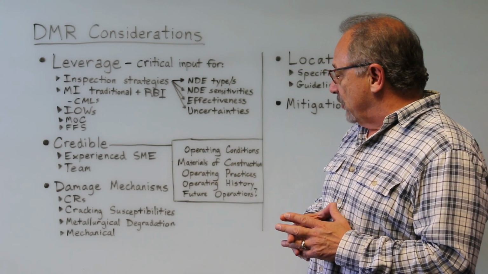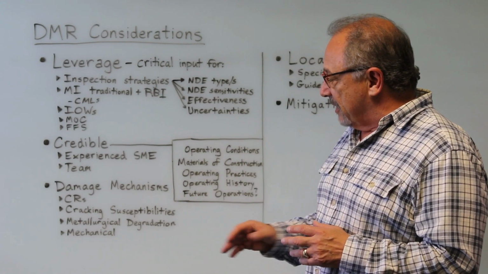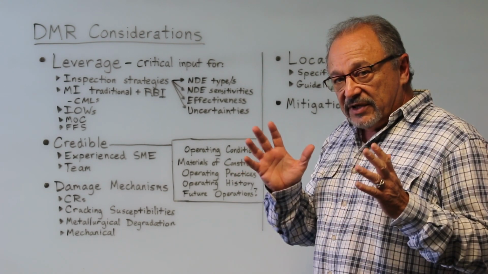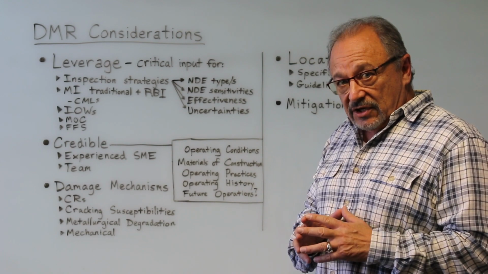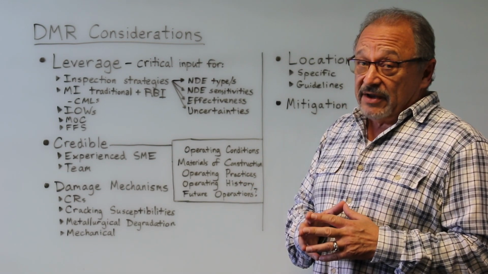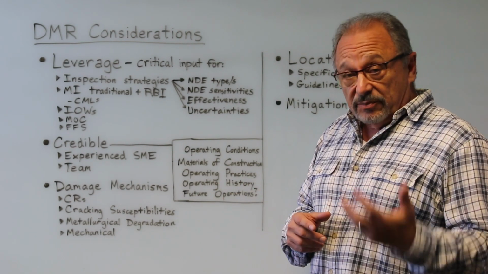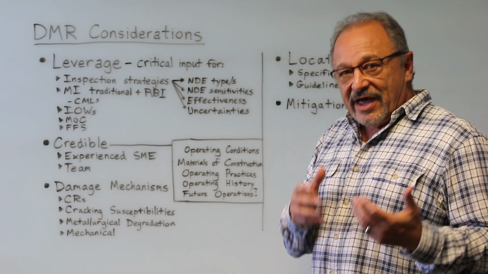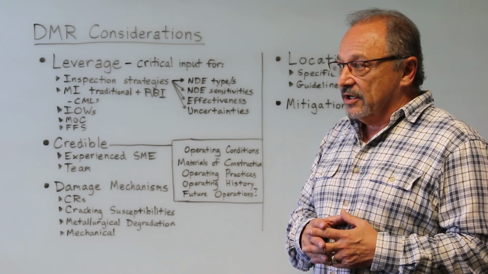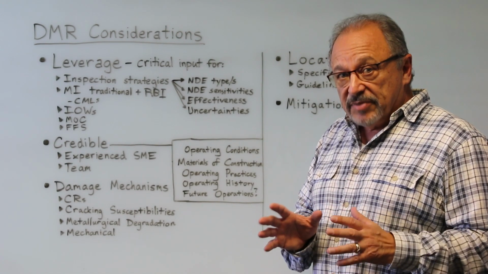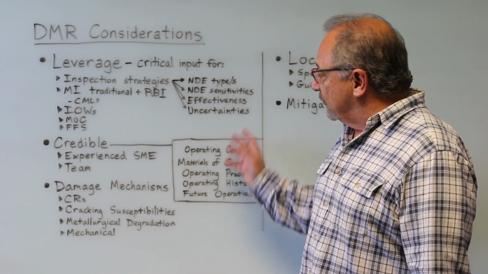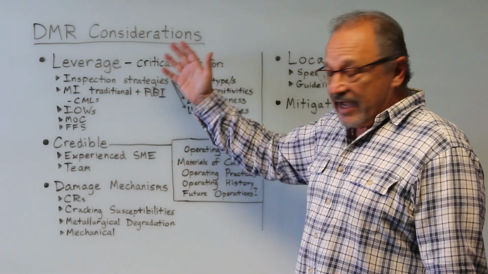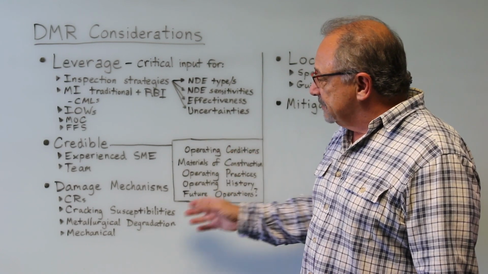When I'm looking at operating practices and confirming a lot of these things, a good chief operator, somebody who's been the operator of that unit for years, will even give me better experience than, say, the process engineer for that unit. And they're the ones also, that chief panel operator is the one that understands what goes bump in the night. And all those things are important things to understand when I'm coming up with my damage mechanisms.